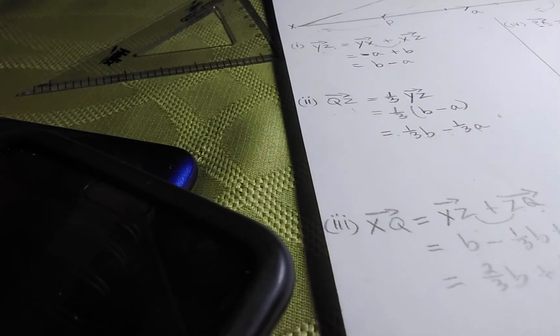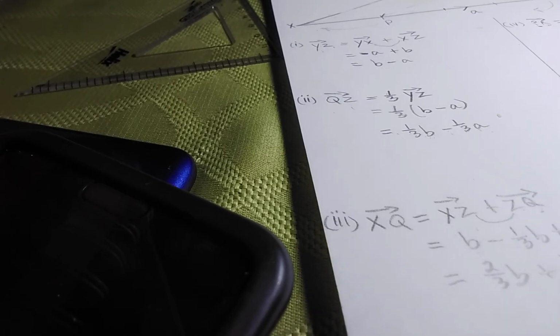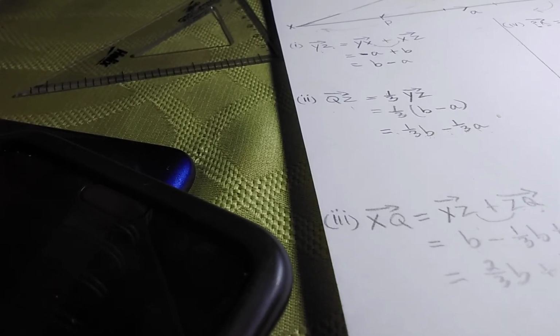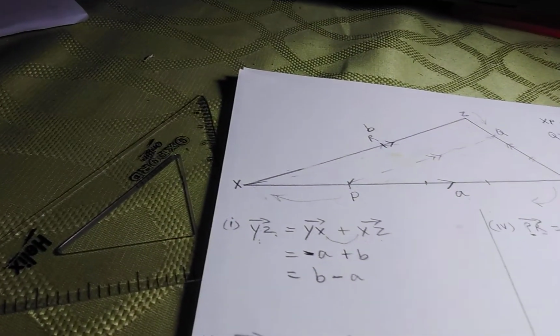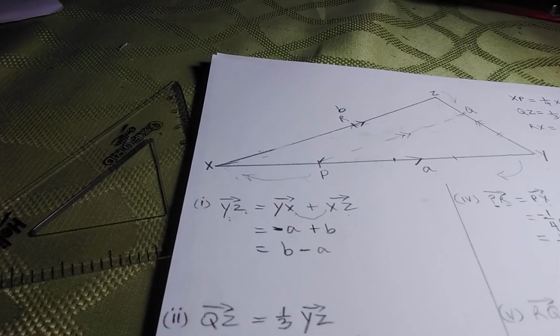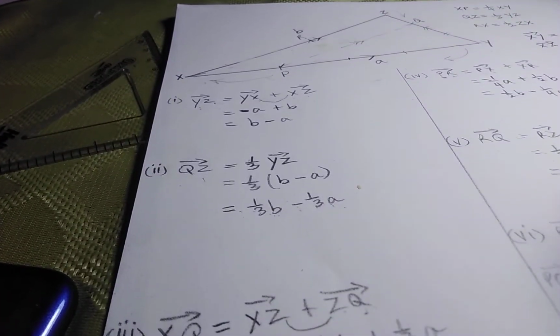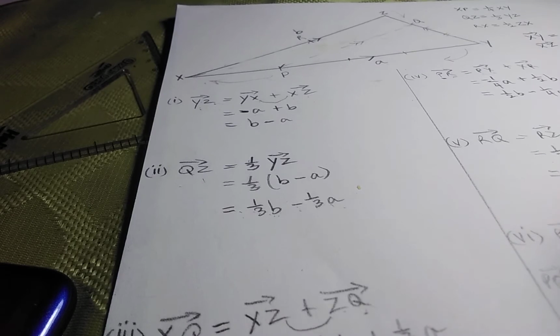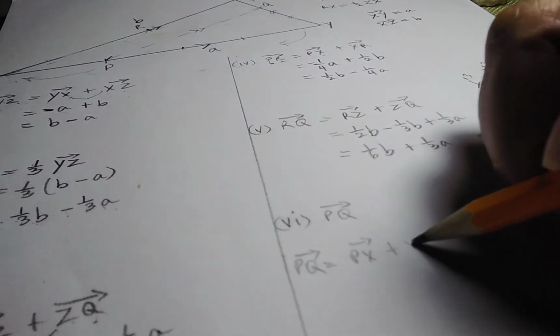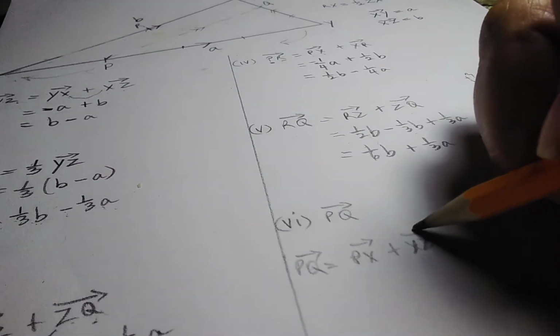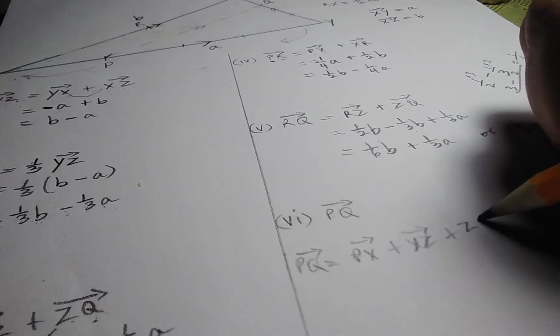We're going to say PQ is equal to P to X, plus X to Z, plus Z to Q.